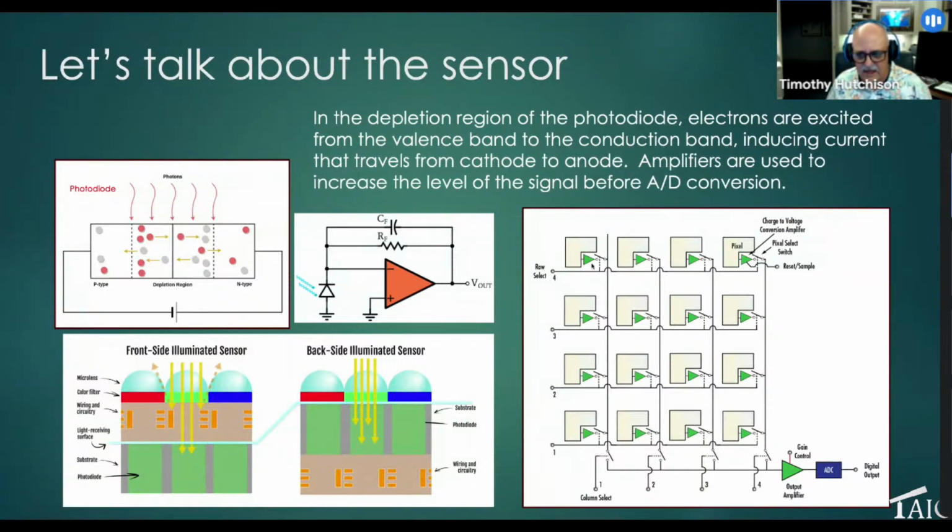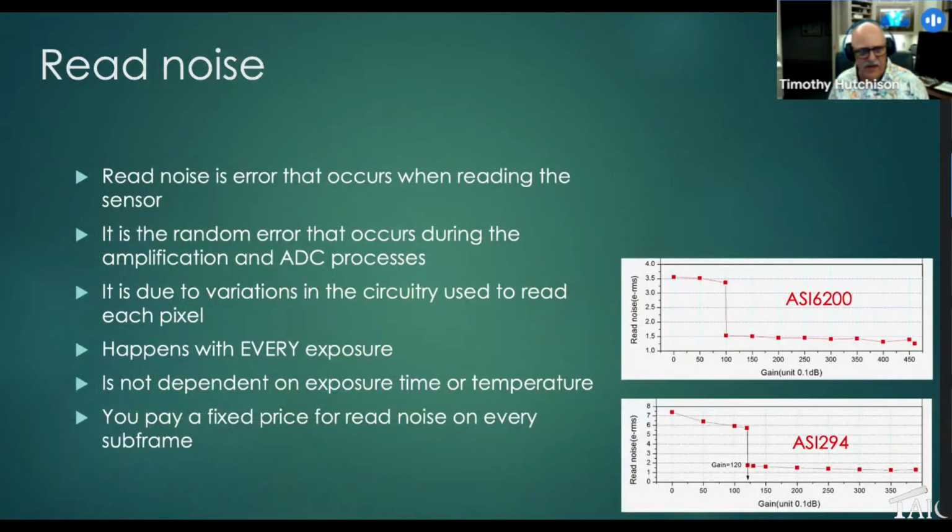We've got all these little amplifiers in here, and this analog to digital converter, which we're going to talk about a little bit too. But all of those things are in between our photodiode and our output signal, right?